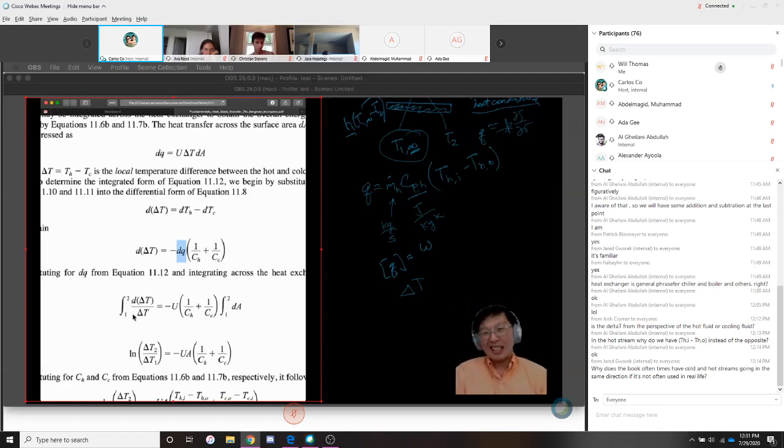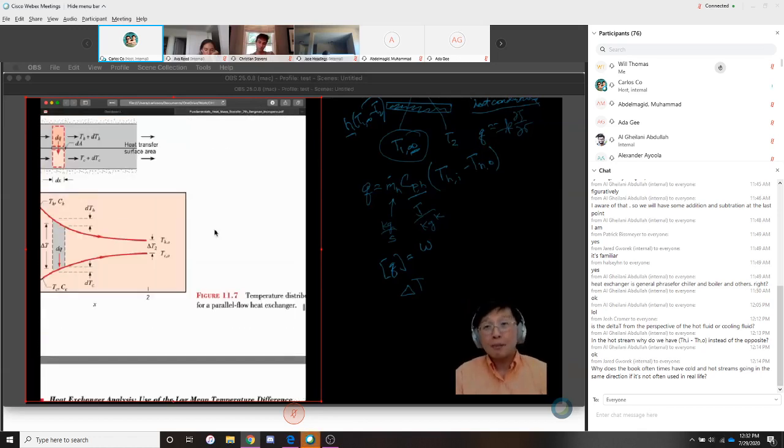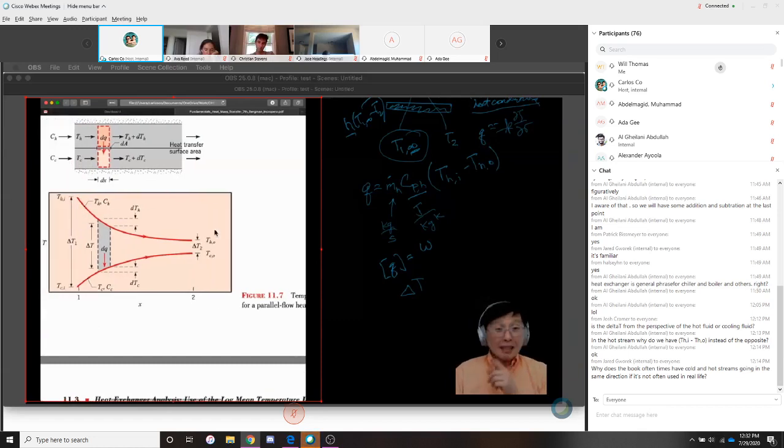Now, it's this side of the expression. The first time you see that, it's not comfortable because you see that delta T. And remember what I told you. This delta T is simply the difference between the hot stream temperature and the cold stream temperature at some position. So don't worry too much about the delta T, because what is that? Look at it, right?